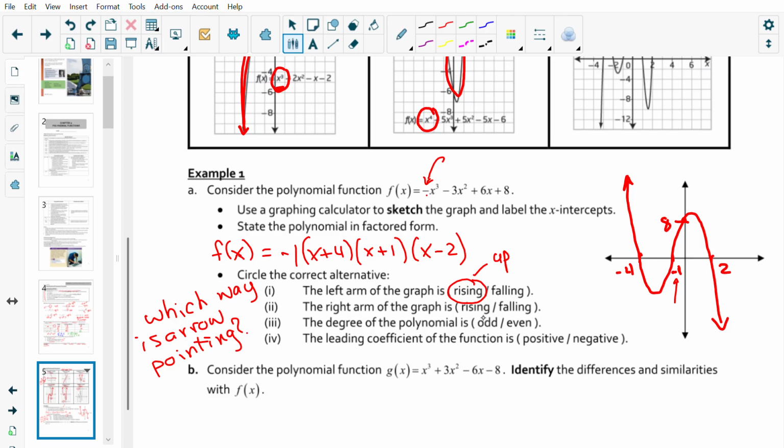Up, so it's rising. The right arm of the graph is pointing down, so it's falling. The degree of the polynomial is third degree, so it is odd. The leading coefficient of the function is negative. You can see the negative sign here.